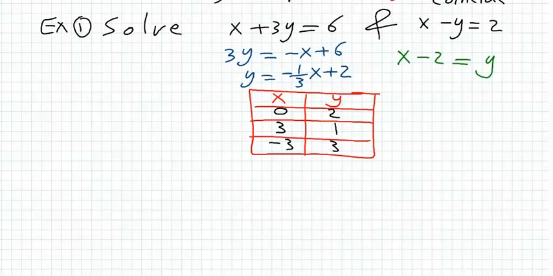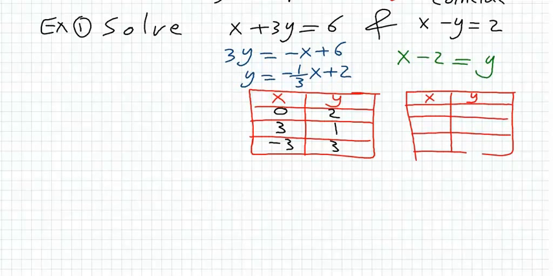Now, let us do the same thing with the second line equation. 2 points are enough, but it's better to find a third one, so you make sure that you didn't make any mistake. Suppose that x here is equal to 0, so y will be negative 2.